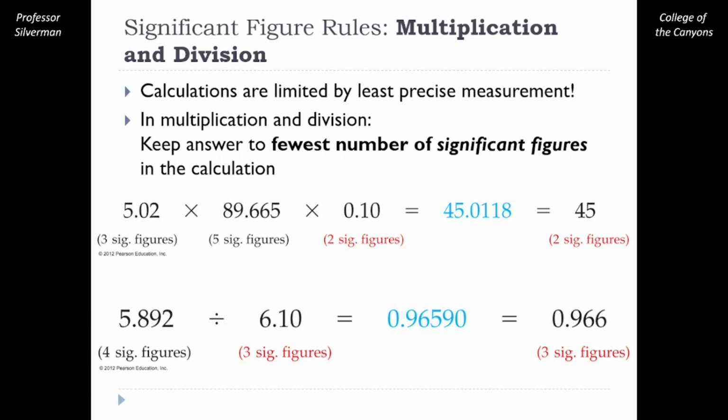The top example, we have 3 sig figs, 5 sig figs, and 2 sig figs. Our fewest number is 2, so our answer has to be rounded just to 2 sig figs. Bottom example, we have 4 and 3. The fewest is going to be 3. Let's round our answer just to 3.